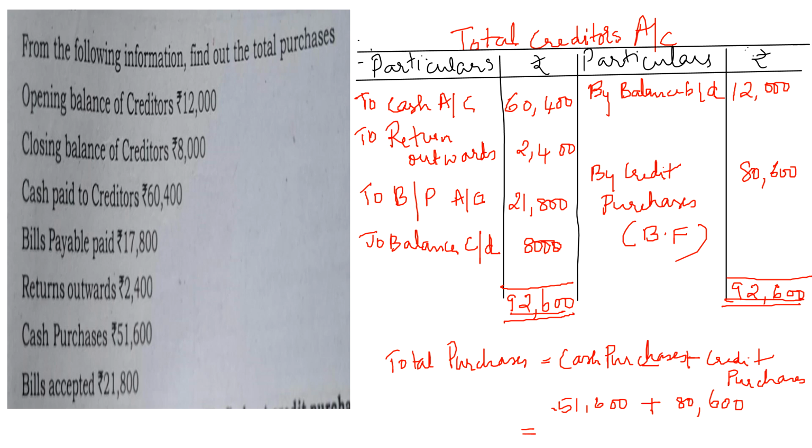The total purchases will be 1,32,200. So this is your total purchases. So I hope you have understood how to find out the credit purchases and how to find out the total purchases.